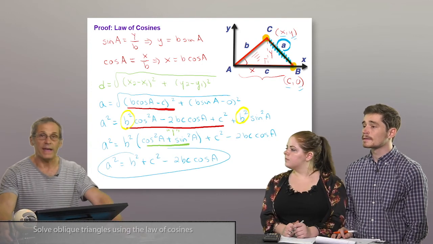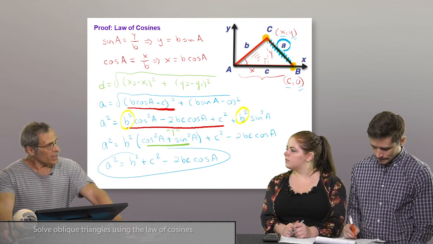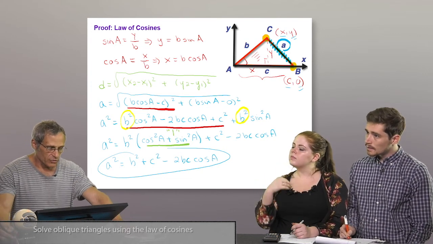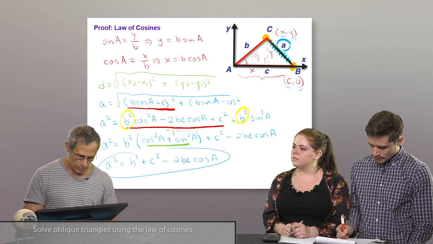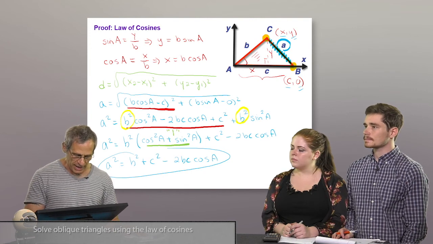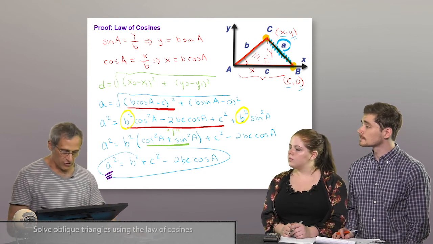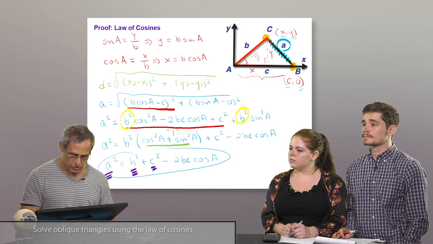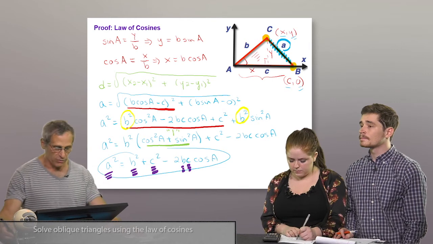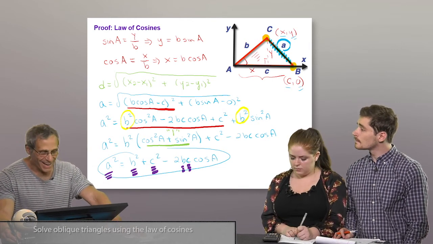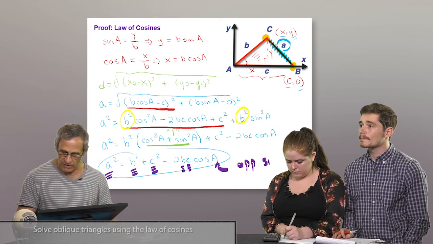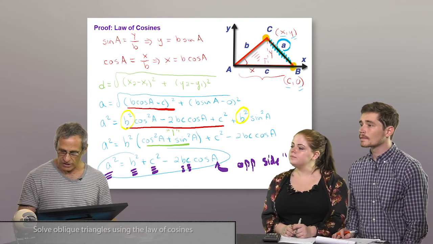Now I'm just going to circle that. And what we see is that A, B, and C were just kind of arbitrarily placed on the triangle. So in the much broader picture, all we're really doing is taking any side and saying it's the sum of the squares of the other two sides minus 2 times the product of those two sides, times the cosine of the angle A, which is opposite the side that I'm actually isolating.